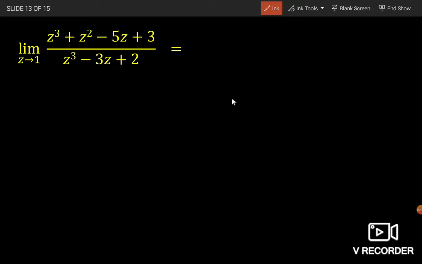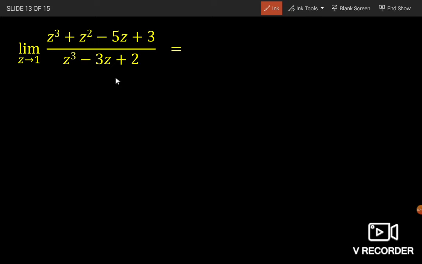Now, since it's difficult to just factor it, what we can do is try to divide it. We can divide the numerator by an assumed term, same as the denominator. Let's assume that z minus 1 is a factor of the numerator.